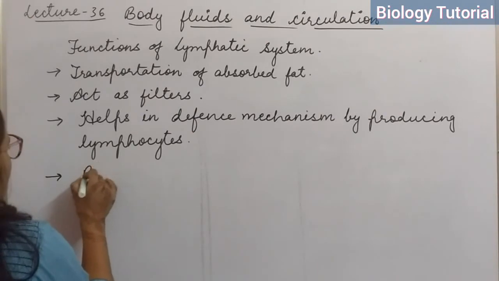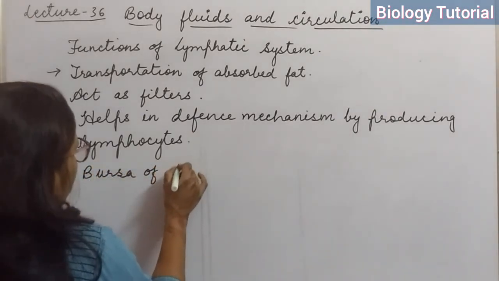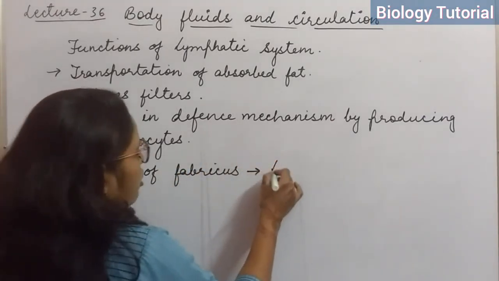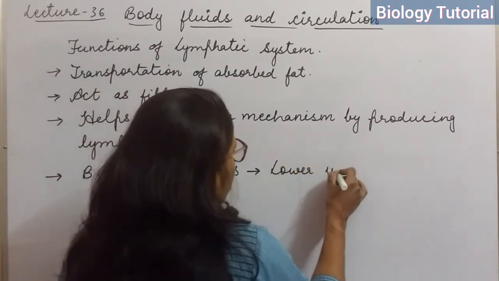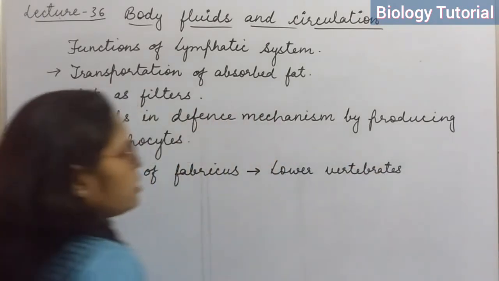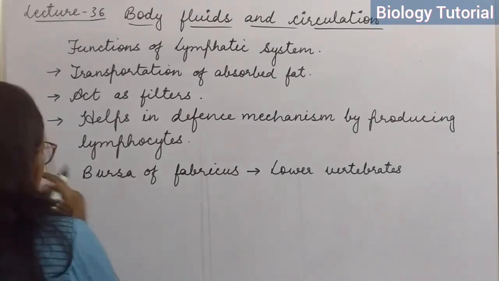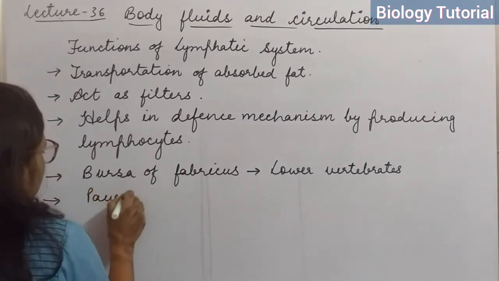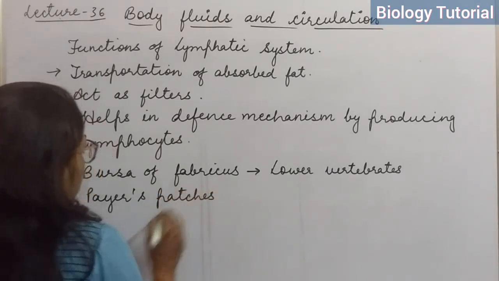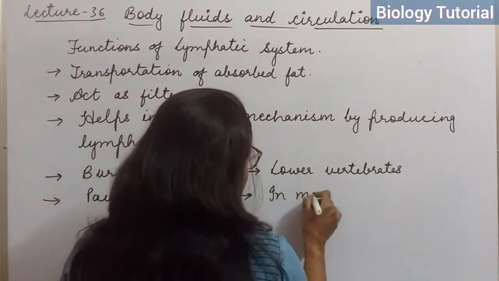So the bursa of Fabricius is present in the body of lower vertebrates, and the B lymphocytes are modified in mammals or human beings in the form of Peyer's patches. These Peyer's patches are present in the small intestinal region.